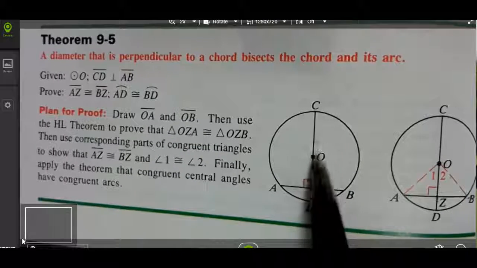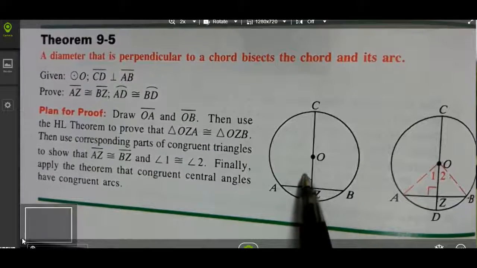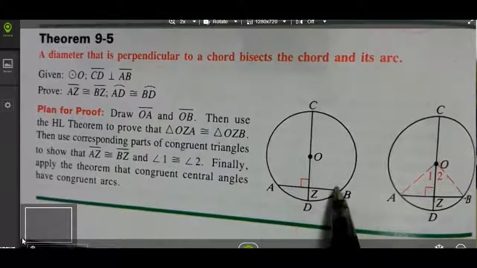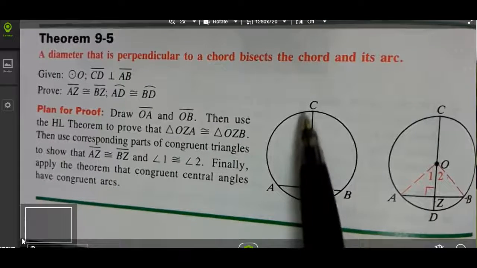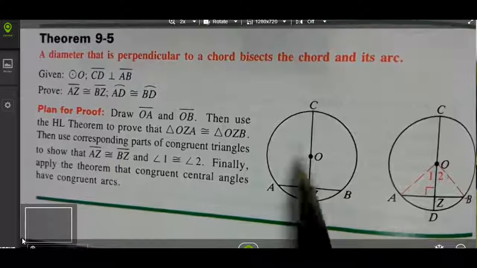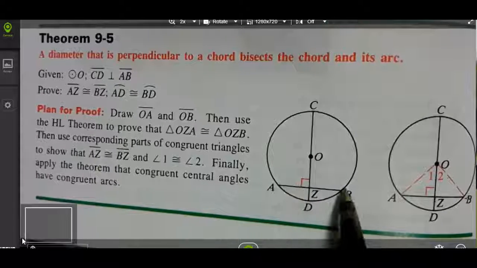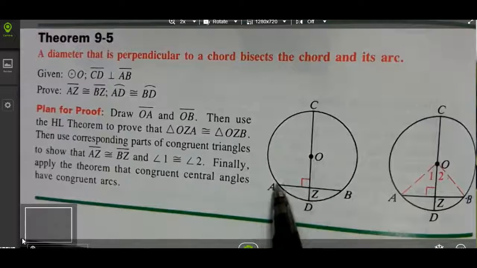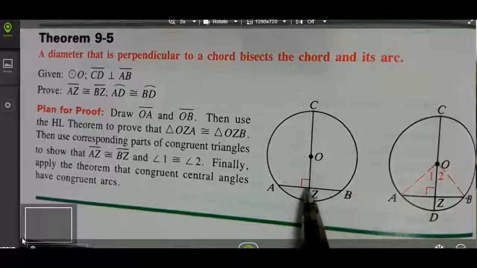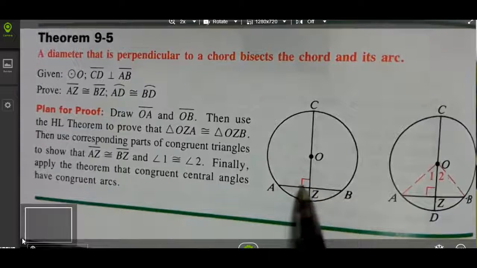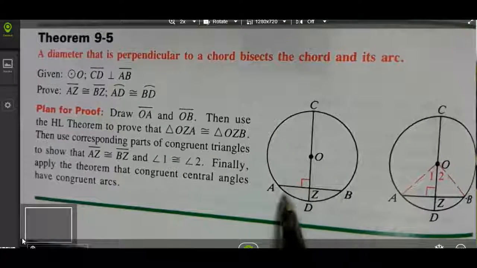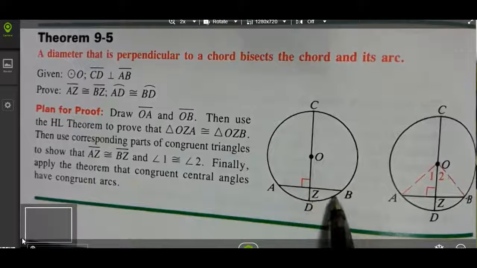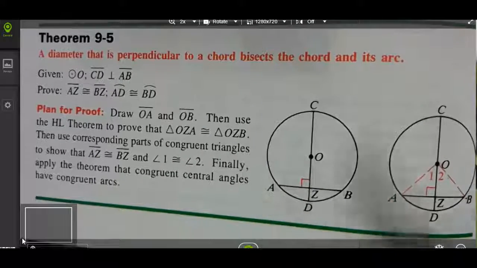So if a diameter is perpendicular, again, it has to form a 90-degree angle with the chord before this happens. Like the diameter CD is perpendicular to AD, then it bisects both the chord into equal halves and the arc also into equal halves.